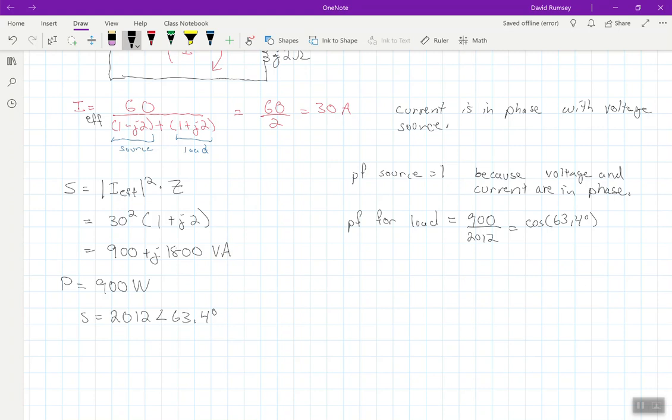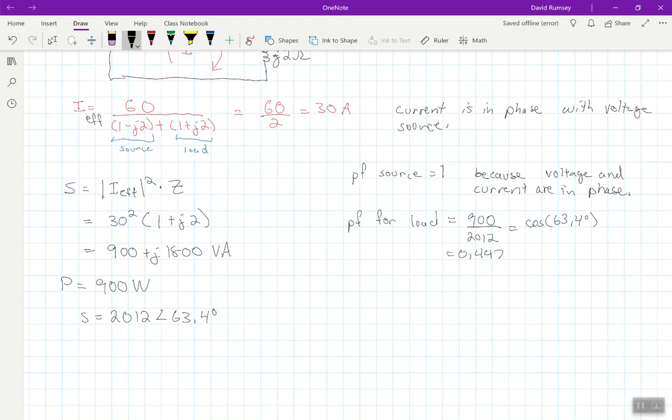And why is that the case? Remember that power triangle, and I'll draw it here, which is a power factor of 0.447. So the power factor for the load is 0.447, meaning the load still has a lot of reactive power in it. But as far as for the source being able to deliver the maximum average power, the source's power factor is 1.